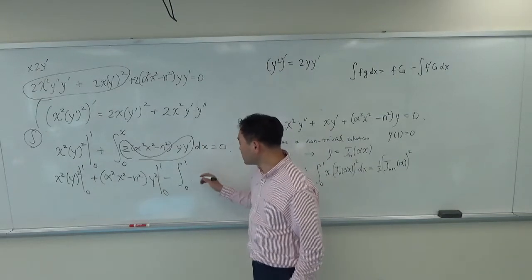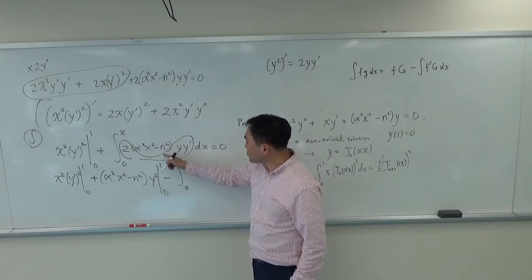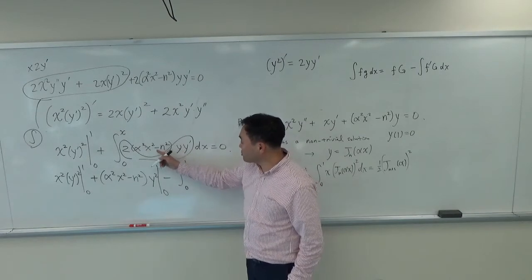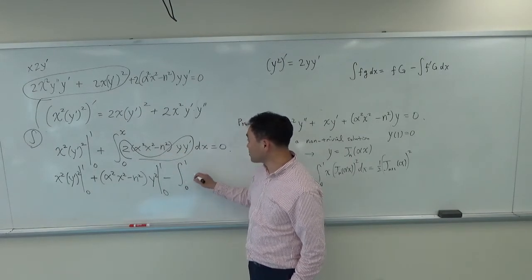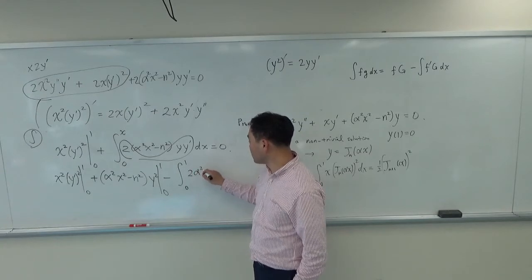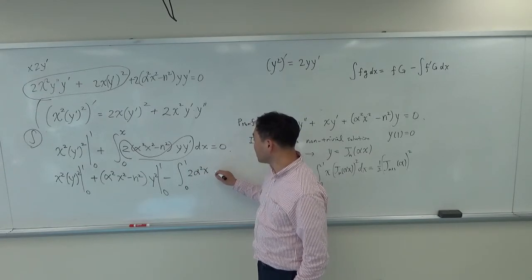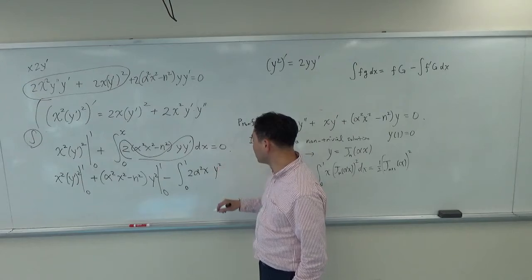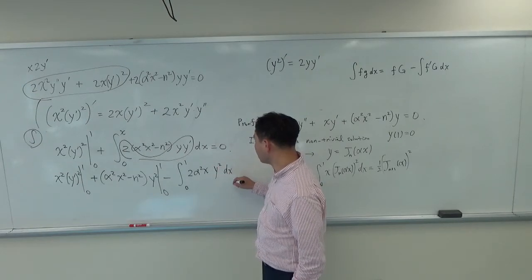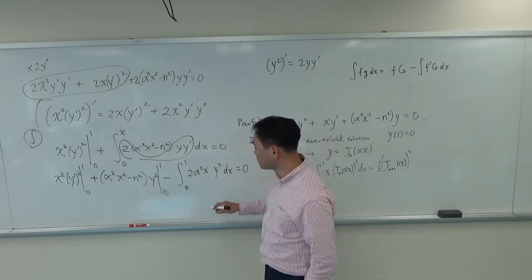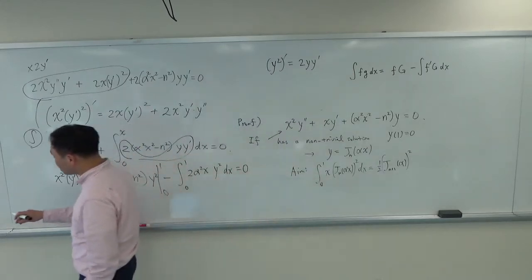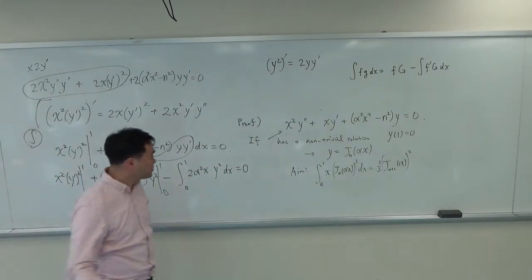Okay, well, let's see what that gives us. Now we like what we see, because this is just y squared, but this one you have to differentiate, so that's 2 alpha squared x, and then you have y squared dx equals 0. The right side is still 0 because you've integrated it from 0 to 1. Okay?